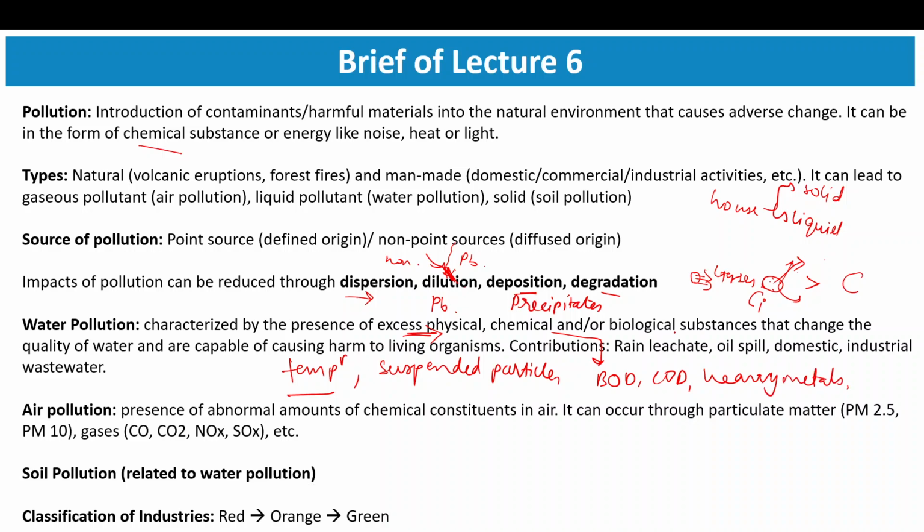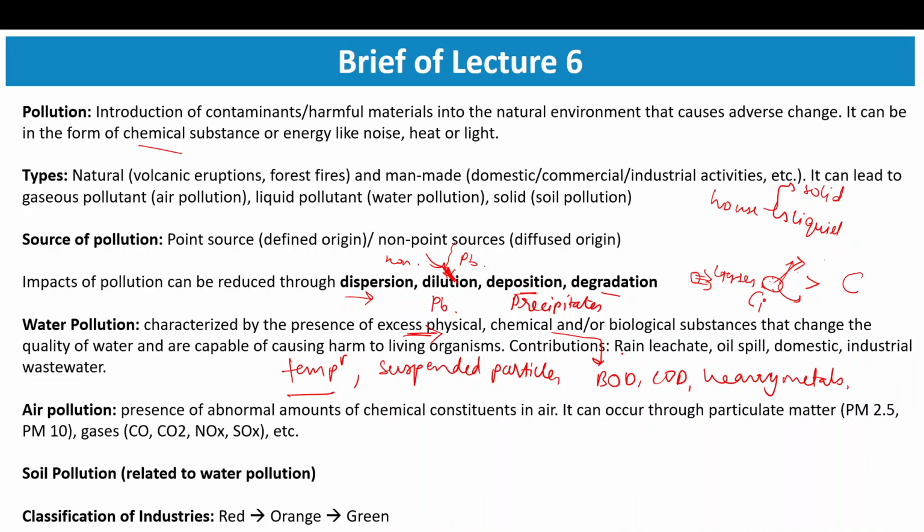Now there could be some microorganisms also, which come under the category of biological pollutants. Say for example, some bacteria, some viruses, if they are present, then it has the tendency to spread some disease, right? So all these affect the quality of water and they are capable of harming living organisms, right?